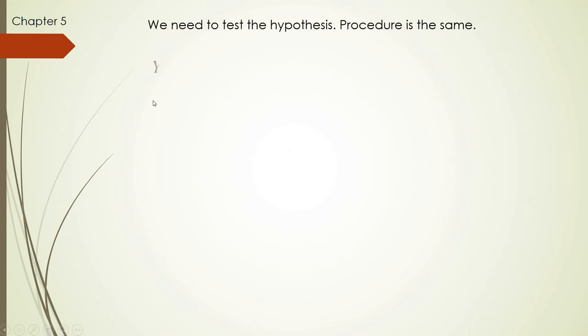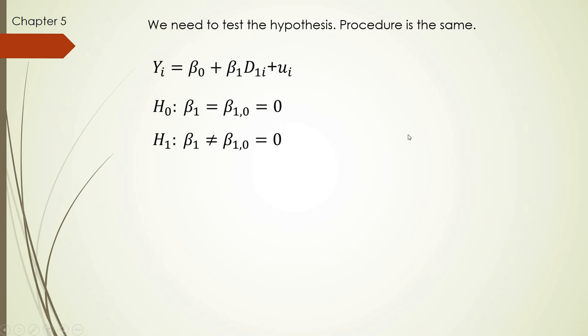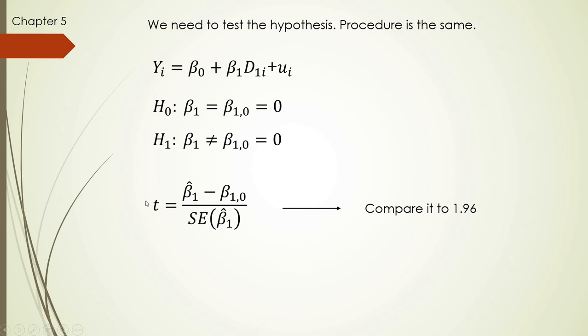So the test of hypothesis will go according to the same procedure as you already saw. The null will be that beta 1 is equal to the hypothetical value, which is 0 in the population, and the alternative hypothesis is claiming the opposite. Again, we will calculate the t statistic and compare it to 1.96, with the two limits, minus and plus 1.96, as the area of accepting the null hypothesis.